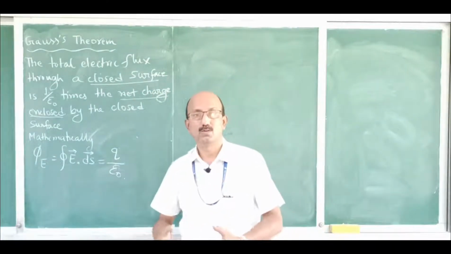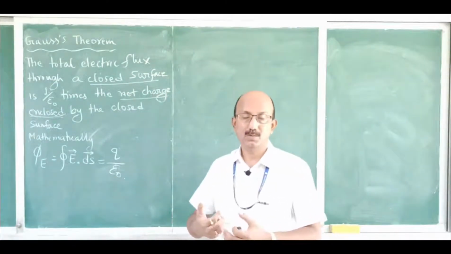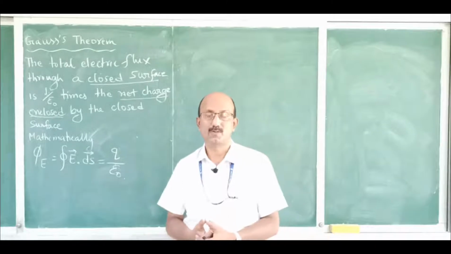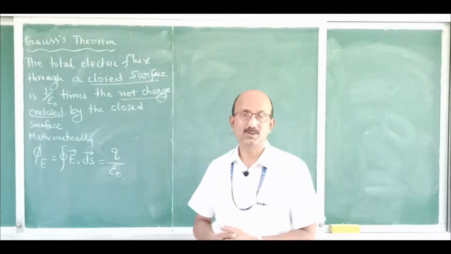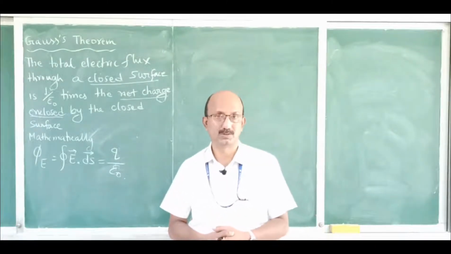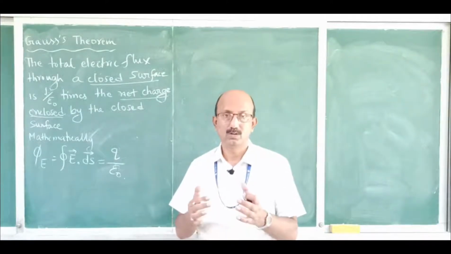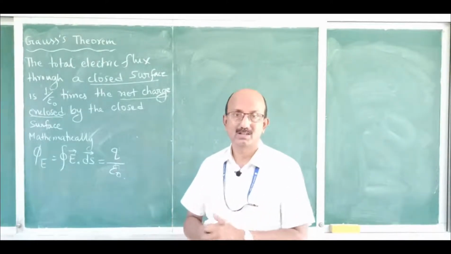You know that whenever we apply any theorem, it simplifies the job of finding anything. In mathematics we apply theorems, in geometry we apply theorems to make the work simple.